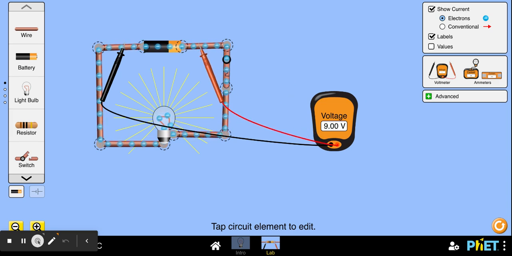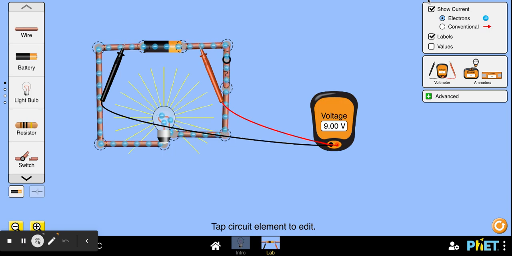And if I put my voltmeter leads on either side, it's going to tell me how much energy is gained or lost. And for the battery, it's giving the electrons a boost of energy as they go through. So they come to the battery, they get a boost of energy, and we have a voltage of 9 volts. So that means that they're getting like a boost of 9 volts of energy.